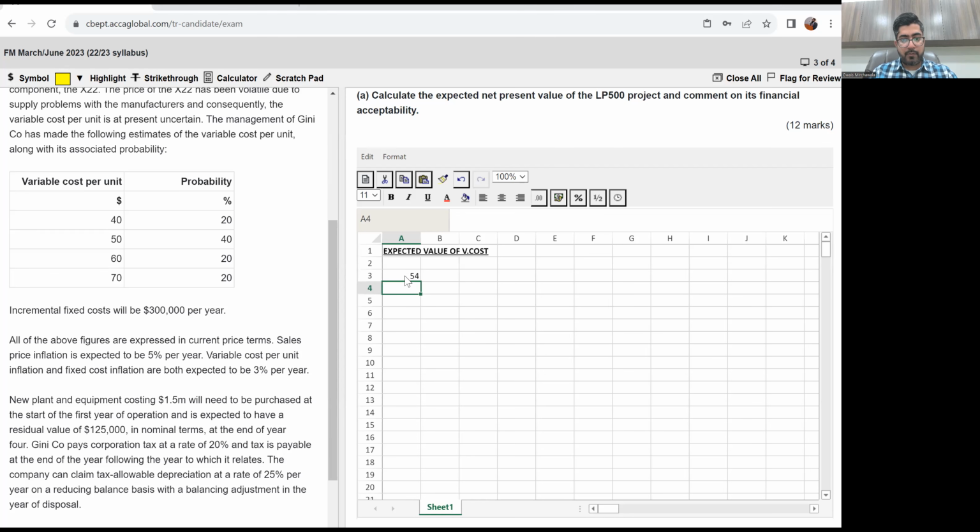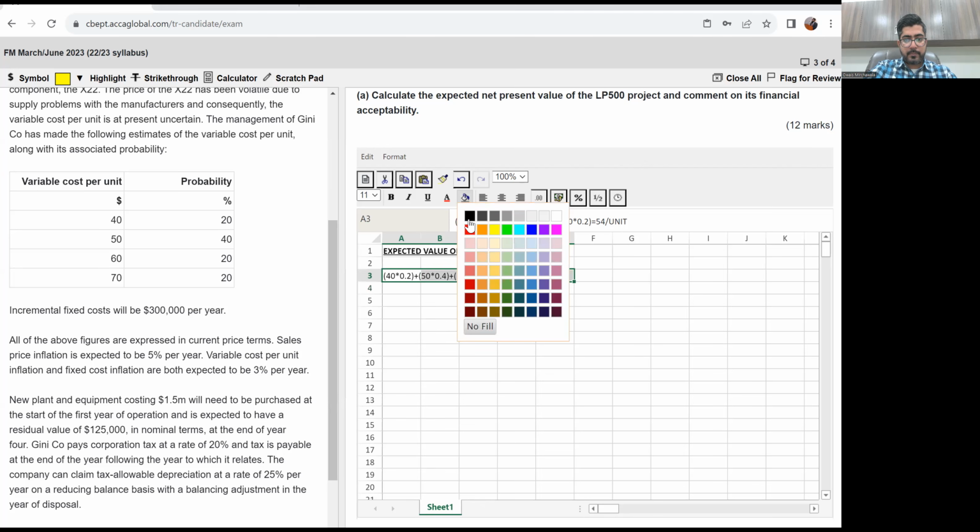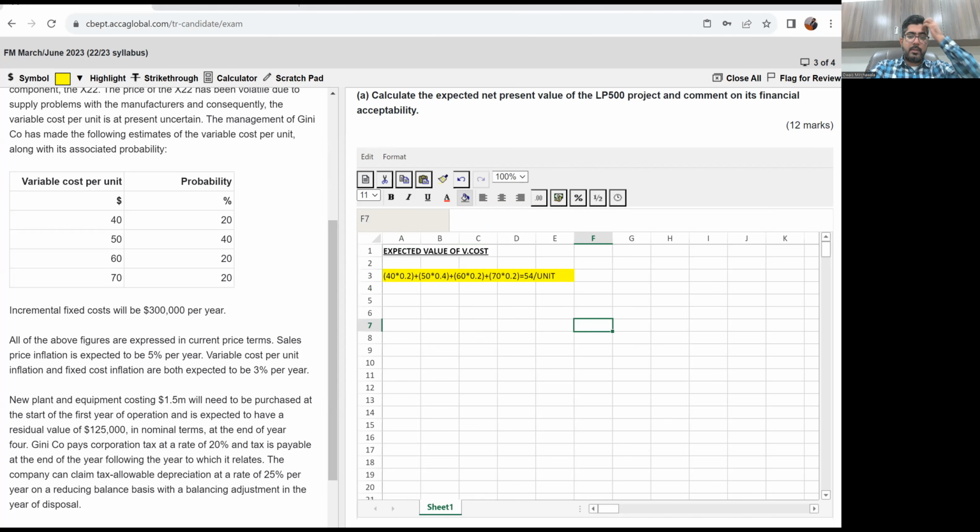So the EV of variable cost is going to be 54. If you want me to show the working, here I can show you the working. It's going to be 54 variable cost per unit. Because when multiple selling prices and variable costs are given, always calculate the expected value using probability.